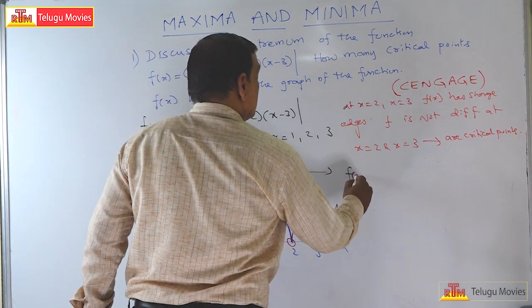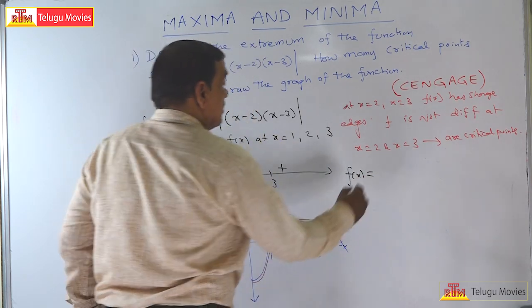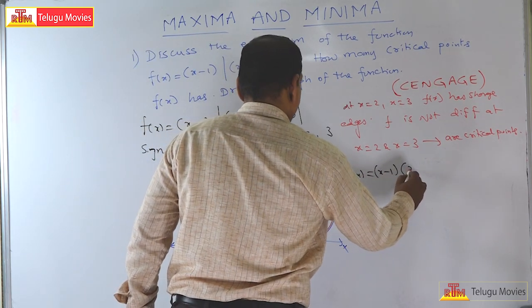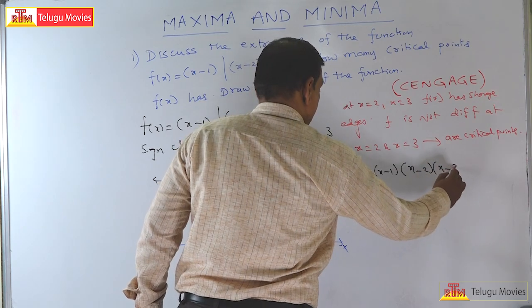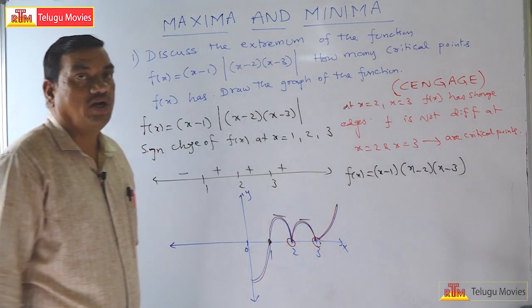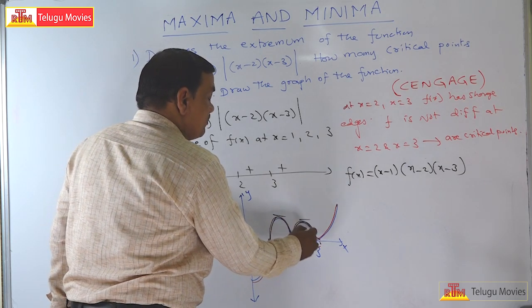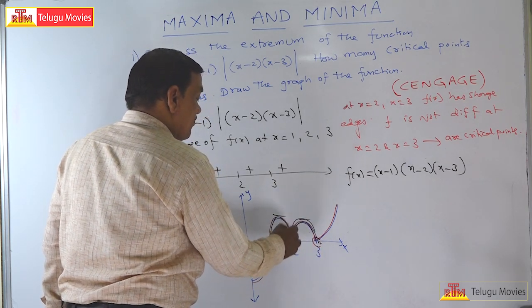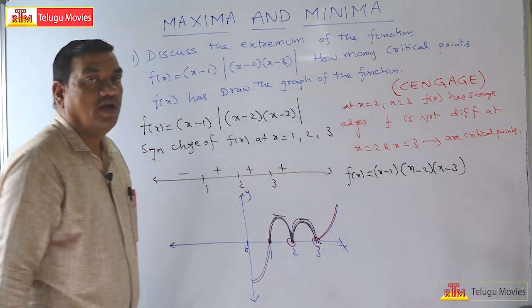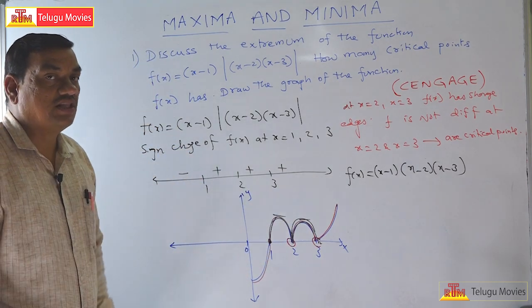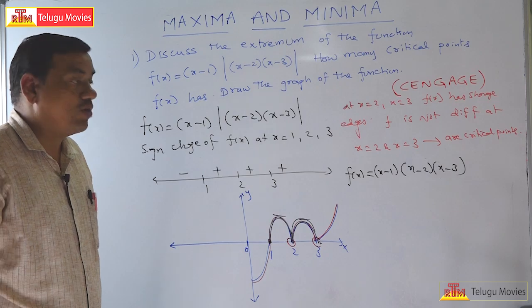So f of x equals (x minus 1)(x minus 2)(x minus 3). I removed the modulus because between 1 and 3 the function is positive, and x minus 2 and x minus 3 is also greater than 0. That's why I removed the modulus.